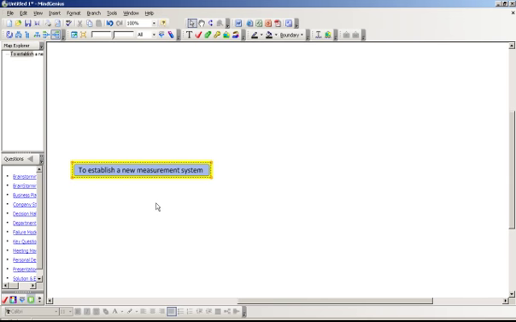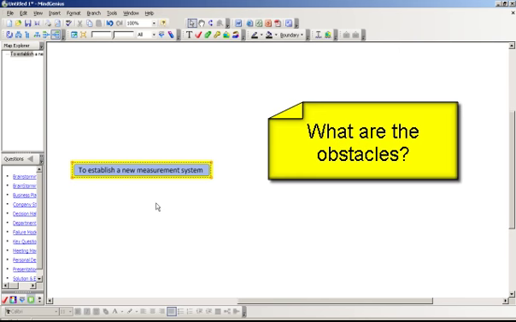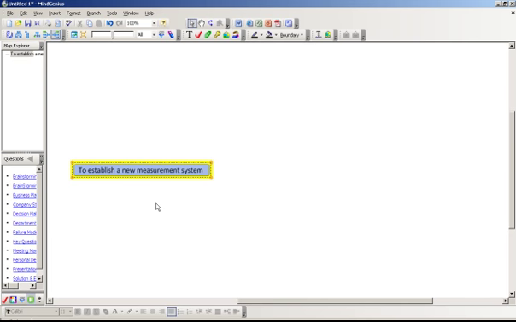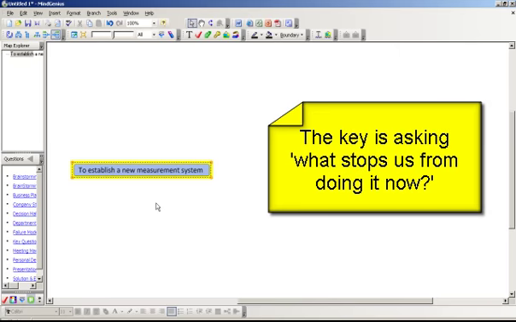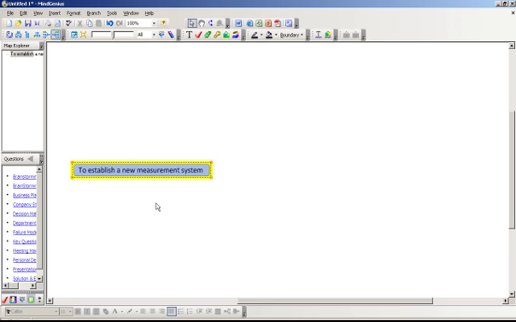The first thing we're going to start with is the obstacles. In other words, what are the things that would stop us from establishing the measurement system if we wanted to do it tomorrow? This allows you to understand what is currently in the way, and therefore what actions would need to be put in place to overcome these obstacles.